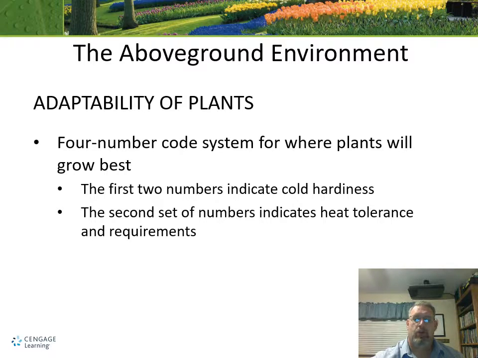Even if you get one that will be occasionally experiencing lower temperatures than it's used to, sometimes it will manage to survive and sometimes it won't. And then there's also plants that won't survive even above its cold hardiness. Plants can be finicky and they do adapt, but we have to make sure we take into account the cold hardiness of a plant.